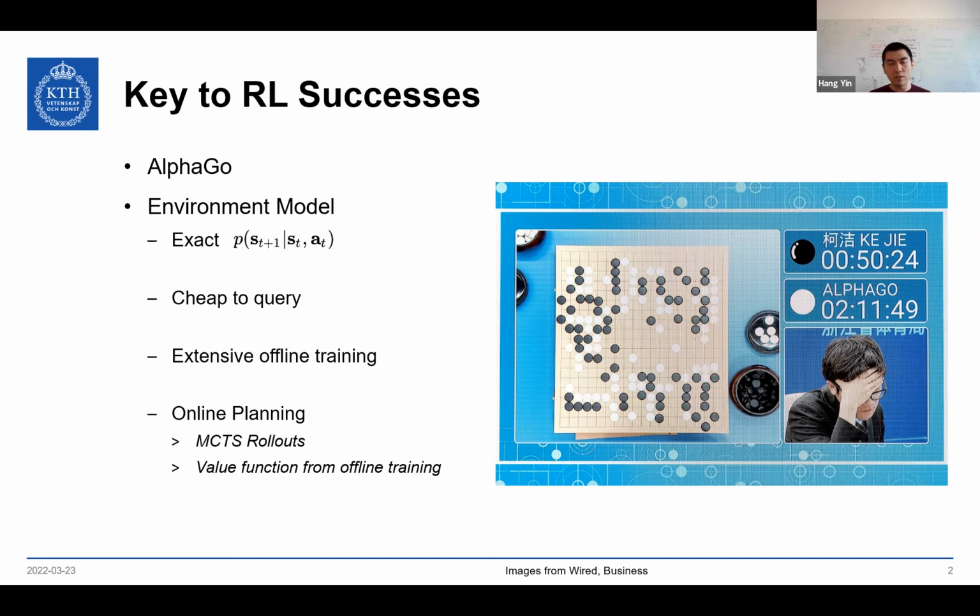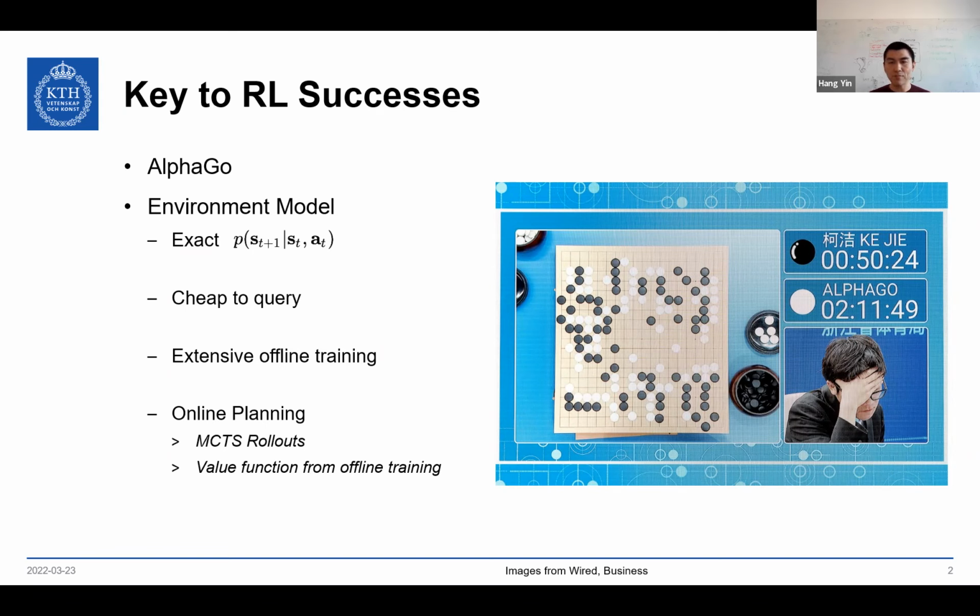And another important thing is that it's not that costly to query such a model. I'm placing this, I just change a bit in my memory to represent the status and what's going to happen next. So these properties allow us to do a huge amount of offline training.